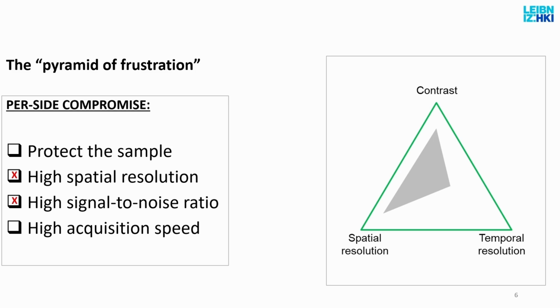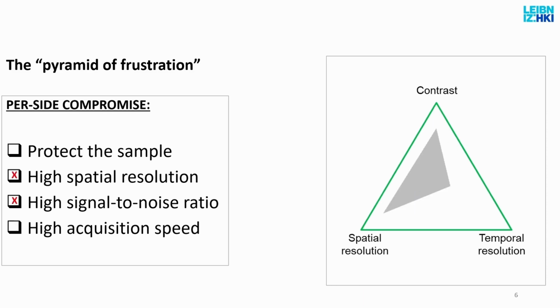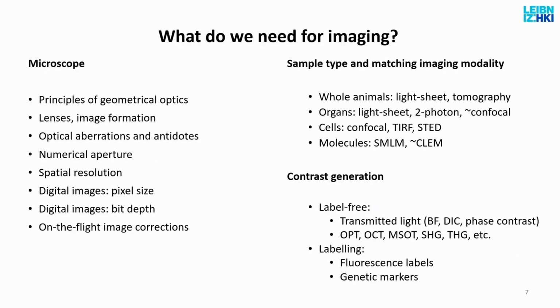And once you train that model, you can use lower signal to noise ratio images to predict what this image would look like had it been done at a higher signal to noise ratio. So we enjoy a little bit of relaxed requirements on this corner with AI. And then these are the requirements that we need for imaging.